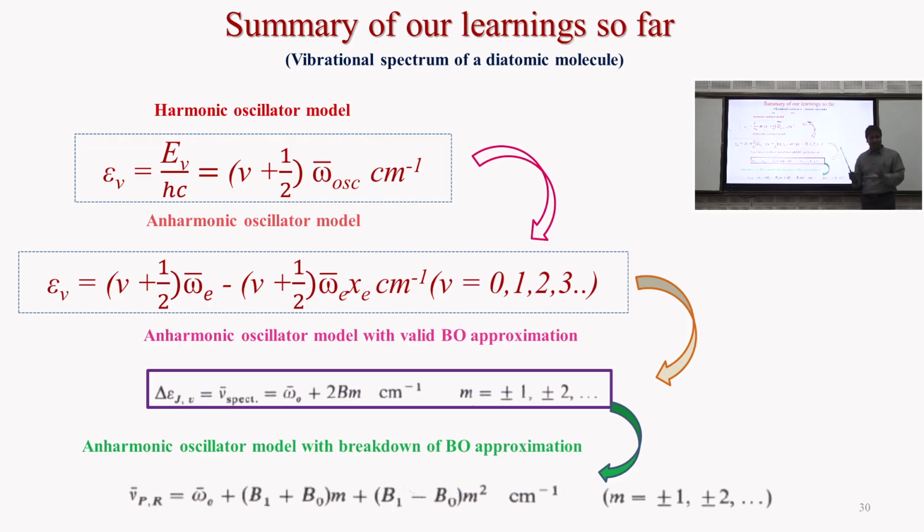This expression allows us to think of the appearance of equally spaced lines, but when you see the high resolution spectrum of CO, the equality is not maintained. In the R branch and P branch the trend is different: in one case the spacing is increasing, in the other decreasing. Then you have to think that the Born-Oppenheimer approximation is not correct. With the breakdown of the Born-Oppenheimer approximation you get a different expression, and that one allows you to explain the CO molecule. This is how things happen.